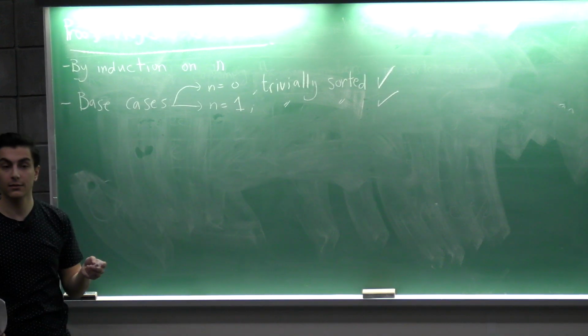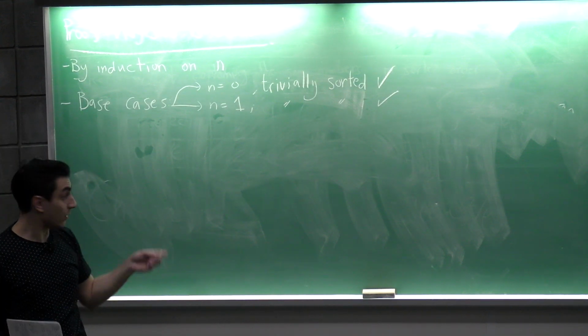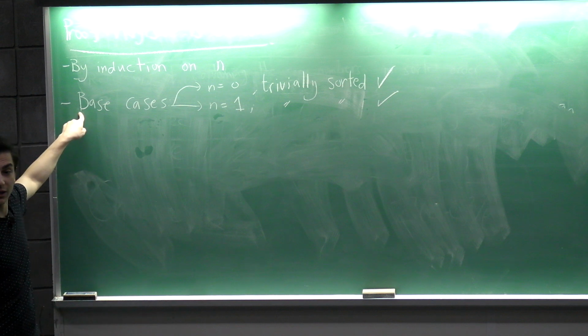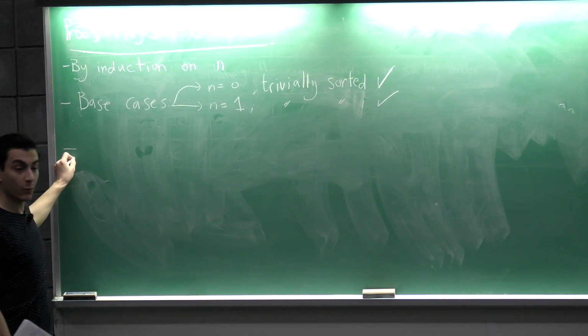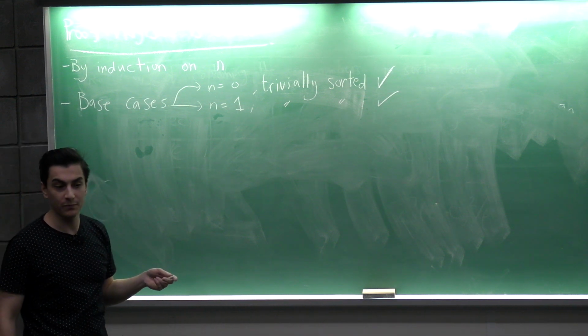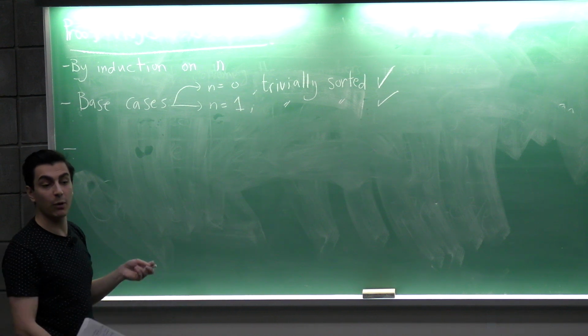So what do we do next? Proof by induction? Yes, this is the first part of proof by induction. So what do we call the thing that we assume? Inductive hypothesis, right?